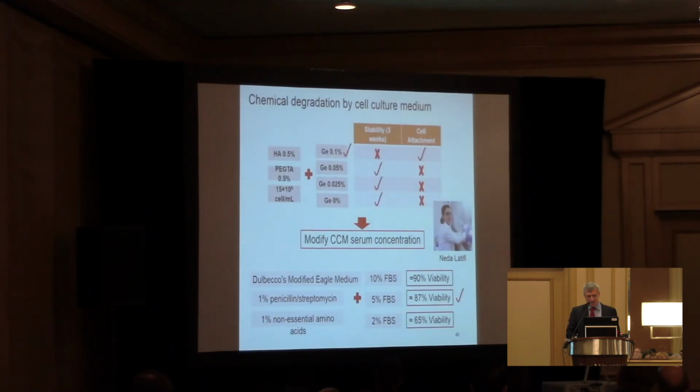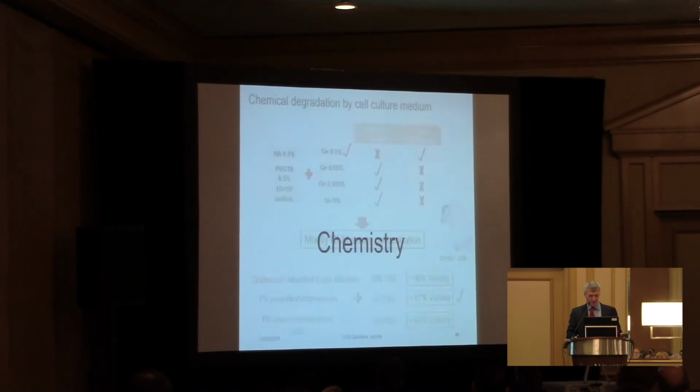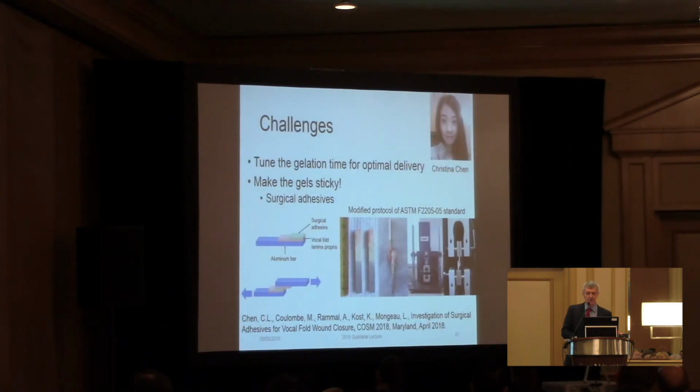I'm going to skip over the degradation properties and talk briefly about the chemistry. So one of the challenges is to try to get these hydrogels to stick. So in our lab, another one of my students, Lamina, has done a lot of work, which was recently presented by Dr. Karen Cost and collaborator, on essentially how strong the adhesion of the hydrogel is.